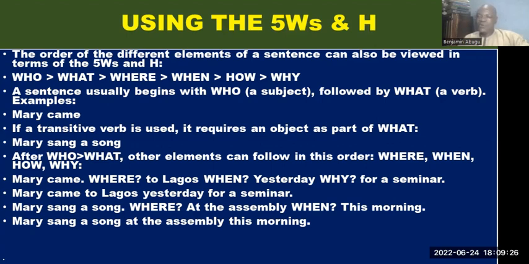All right, so let's look at this. Mary came. So if you say Mary came, we have a subject and a verb, okay? If a transitive verb is used, it requires an object as part of what.